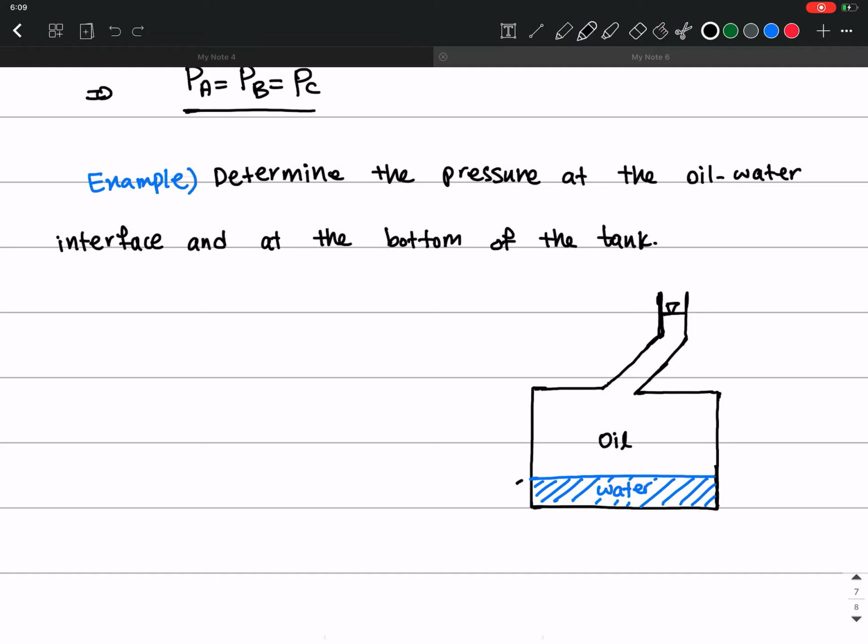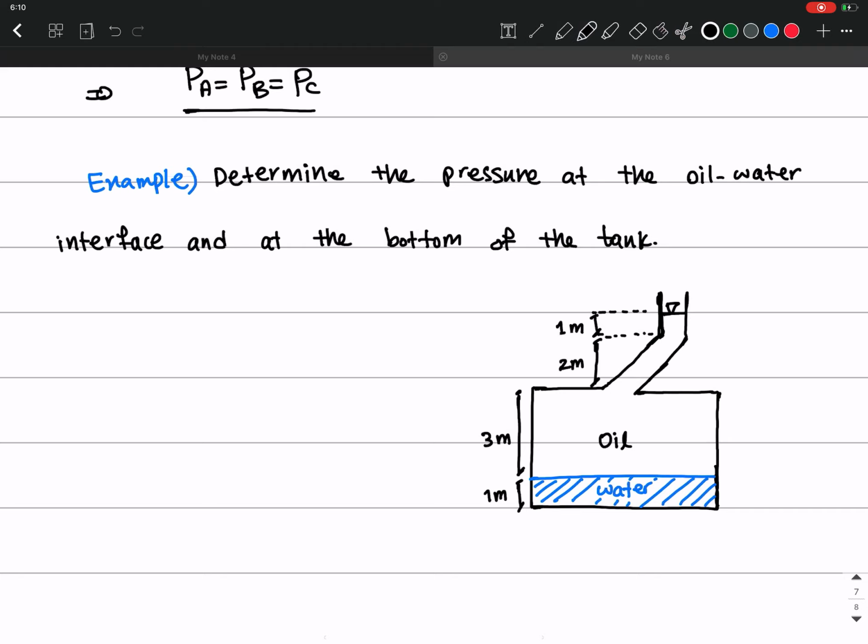So this length is 1 meter. This one is 3 meters. This length is 2 meters. And from here to here is 1 meter. Okay?